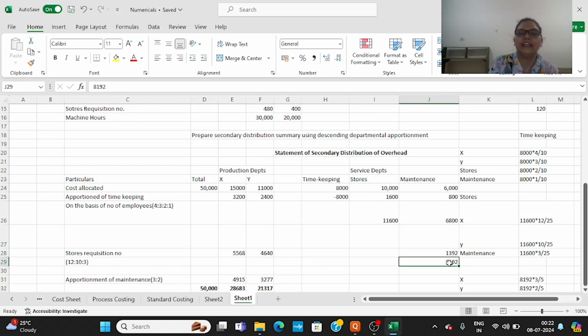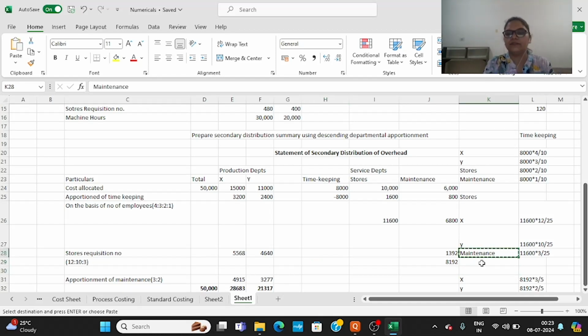The cost of 8192 will be allocated to the departments X and Y on the basis of machine hours, which is 3 is to 2. And we will calculate this.